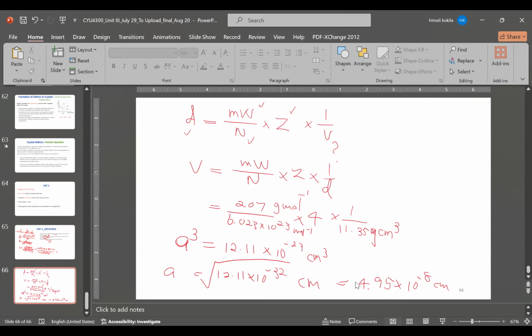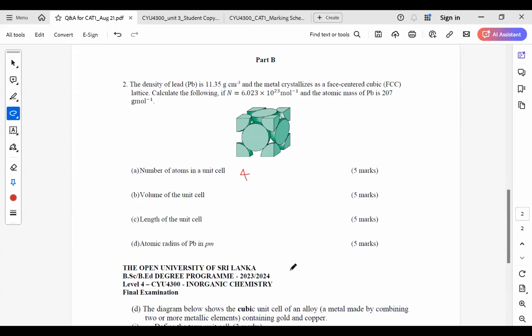Once you get the A, they are asking for the atomic radius of lead. So that is easy. I already taught you at school, during the day school too. The diagonal is actually 4R.